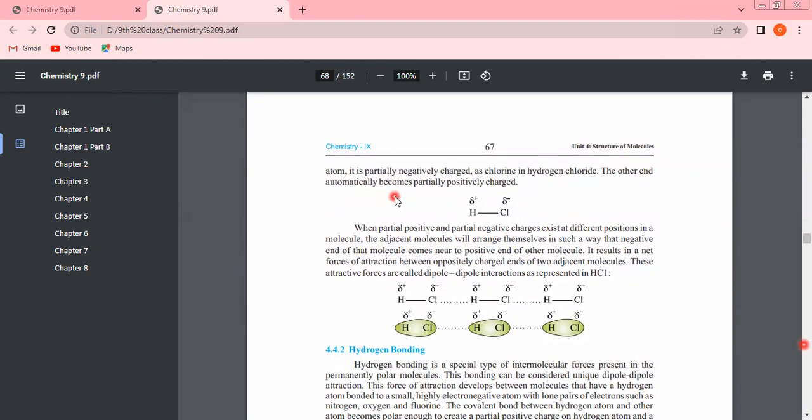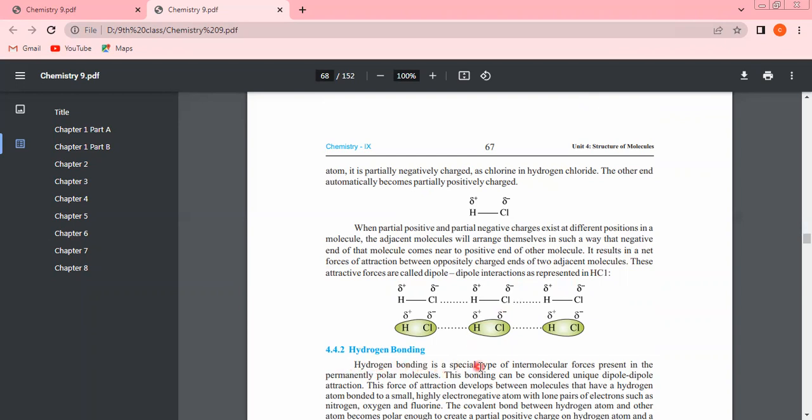The other end automatically becomes partially positively charged. When partial positive and partial negative charges exist at different positions in a molecule, the adjacent molecules will arrange themselves in such a way that the negative end of one molecule comes near to the positive end of other molecules. It results in a net force of attraction between oppositely charged ends of two adjacent molecules. These attractive forces are called dipole attraction. The interactions are represented in HCl.